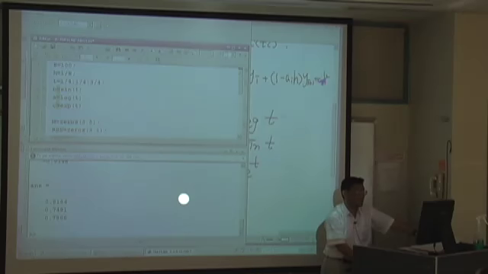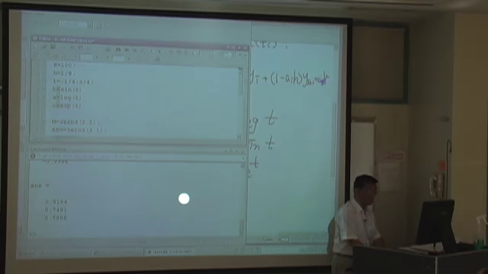Then H is this. Then this can be rewritten: 0, 1 over n is the starting point, and then 1 over n is the increment, or H is better, right? H is the increment. And then 1 minus H is the stopping one, right? And then we can create the ABC vectors.